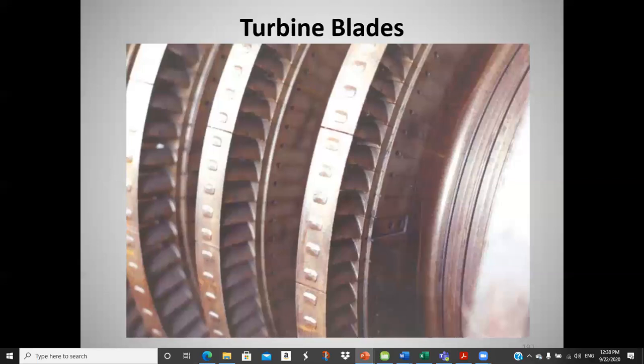It's a corrosion product that forms on the inside of the piping, and it comes off in little chunks and bits, and they kind of sandblast the blades on the way through. And some units have more trouble with it than others. If it gets bad enough, then they have to go in and replace the blades. See little chunks taken out. This one's kind of eroded up a little bit. Interesting.